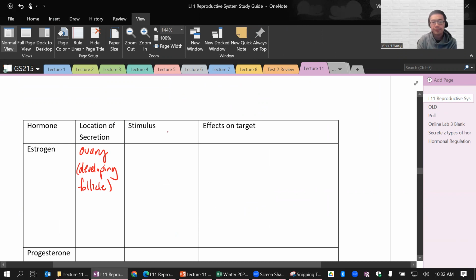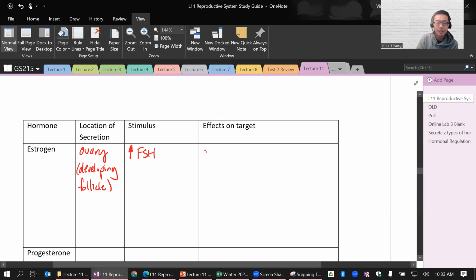And the stimulus, the trigger for estrogen, is basically an increase in FSH, right? So that causes the follicle to develop, which in turn pumps out estrogen from the ovary, right?